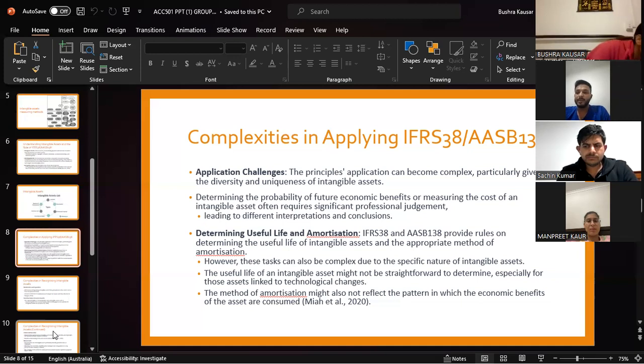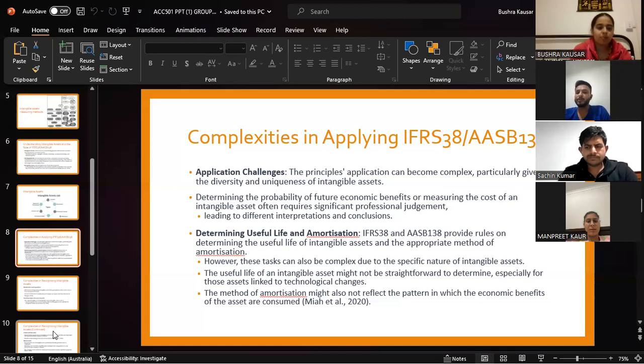Likewise, measuring the cost of an intangible asset can be tricky, especially for those that have been generated internally. The cost of an asset might encompass different elements. This includes costs incurred in development, maintenance and improvement of the asset.